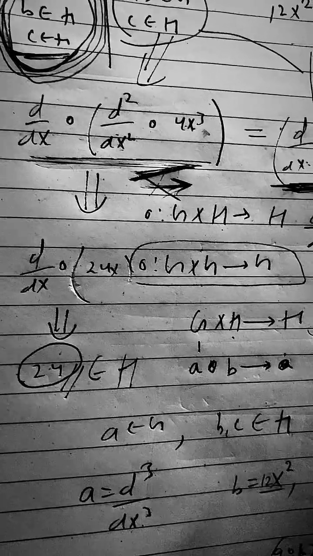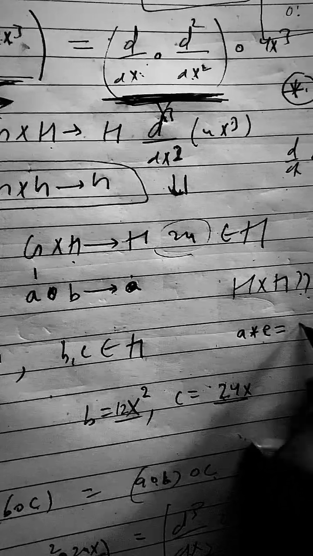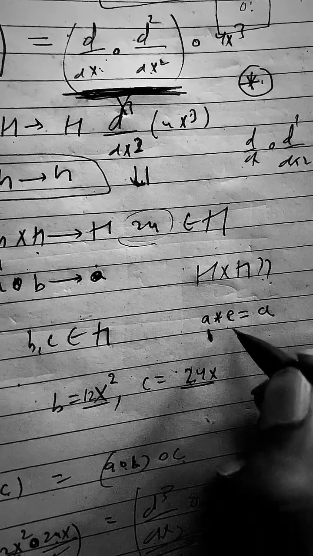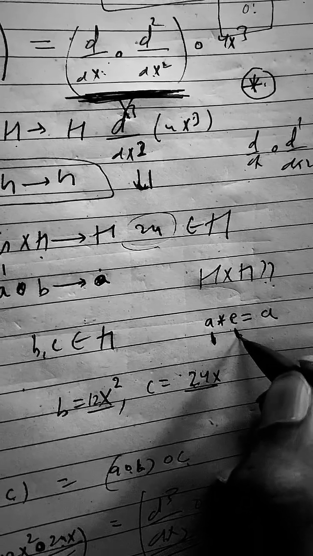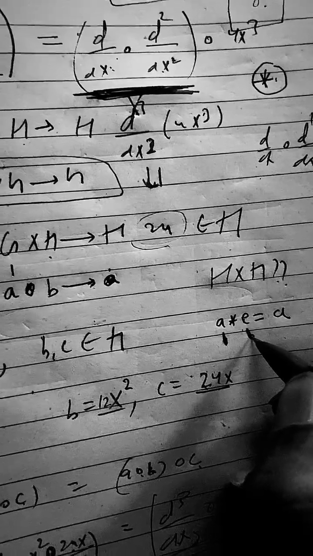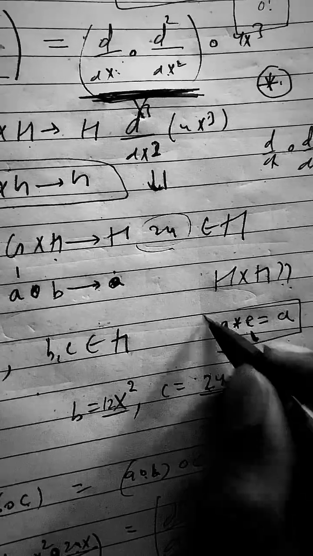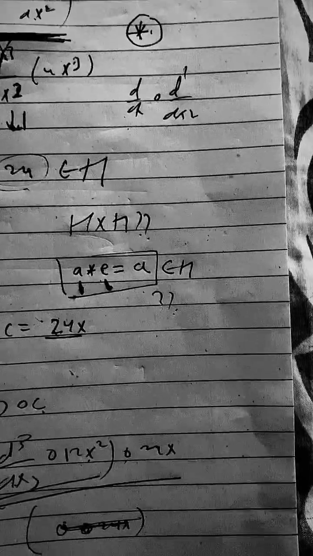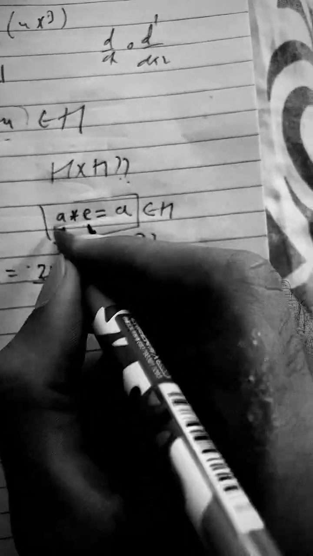What is identity? Identity is A cross E must be A. Now this should come from one set, and this should come from another set, right? But is that possible? That is the question we are asking. So this is not possible.